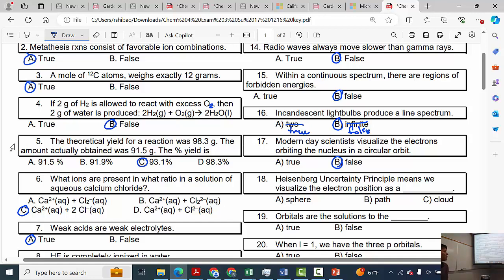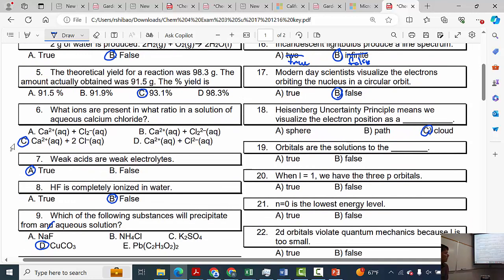Modern day scientists visualize electrons orbiting the nucleus in a circular orbit. False. Heisenberg's uncertainty principle means we visualize the electron position as a cloud. Orbitals are the solutions to the Bohr theory. False.